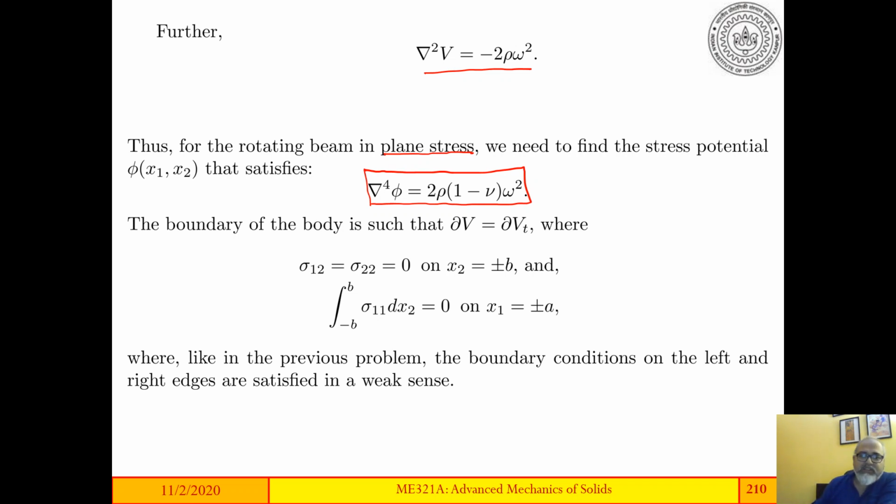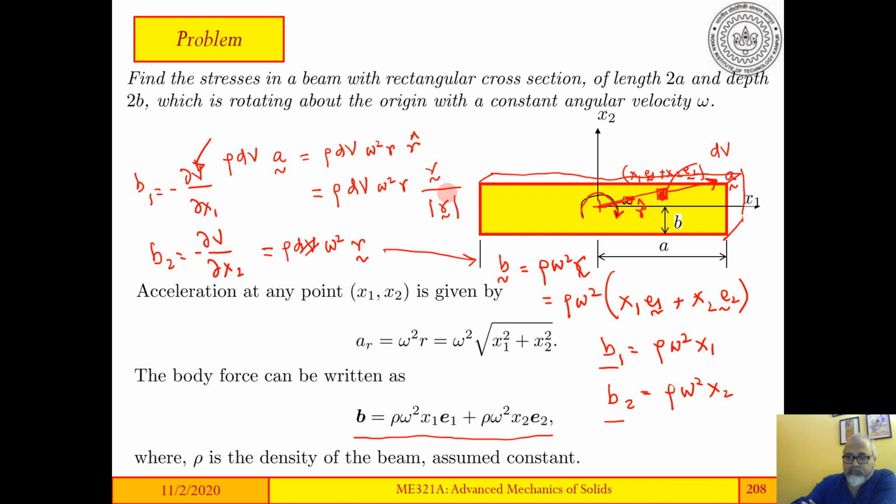What are the boundary conditions? So all of the boundary of the body is del Vt, and on the top, the normal here is 0, 1, and if you carry out the Cauchy relations, you will see that sigma 22, sigma 12 has to be 0.